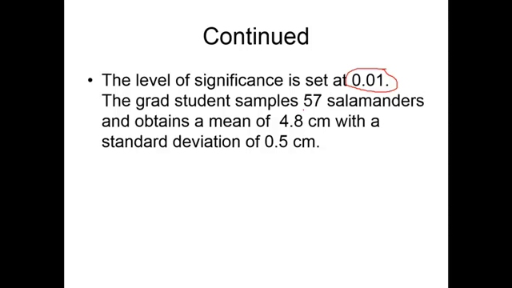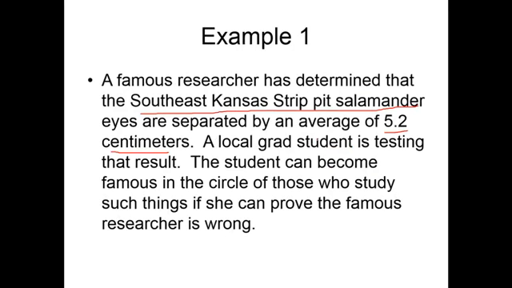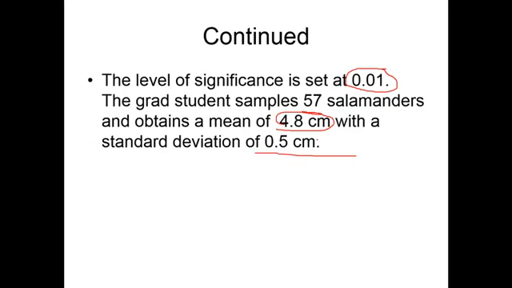She's gambling with her career here. The grad student samples 57 salamanders and obtains a mean of 4.8 centimeters with a standard deviation of 0.5 centimeters. So he was saying it was 5.2, she's saying 4.8. These are different, but they're going to be different.